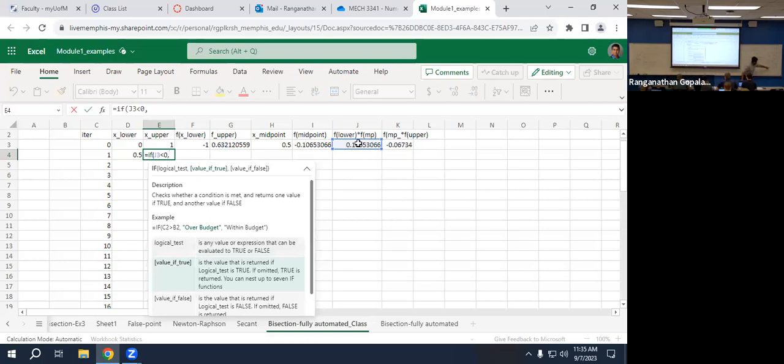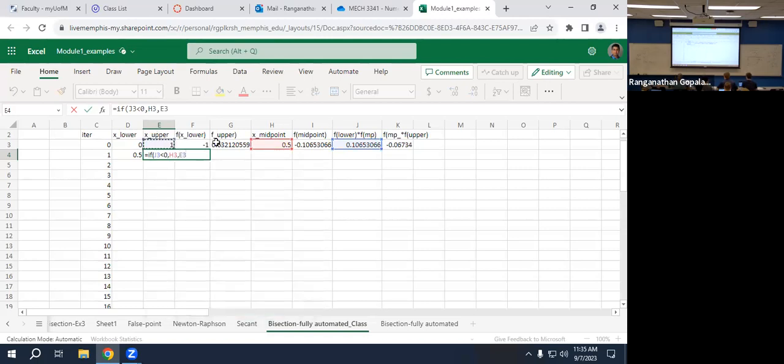If J3 is positive, it's the old upper value. If J3 is negative, that is my if statement, that is the logical test. My logical test being whether J3 is negative. If J3 is negative, x upper is the midpoint. And if it is false, it is the old value of upper.